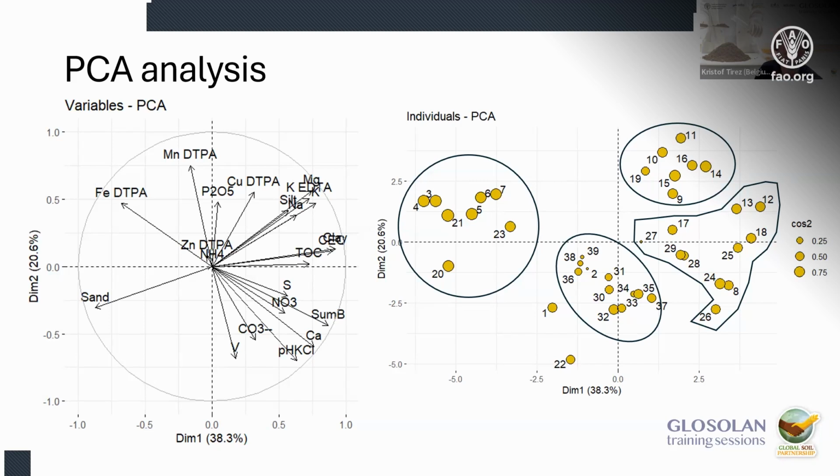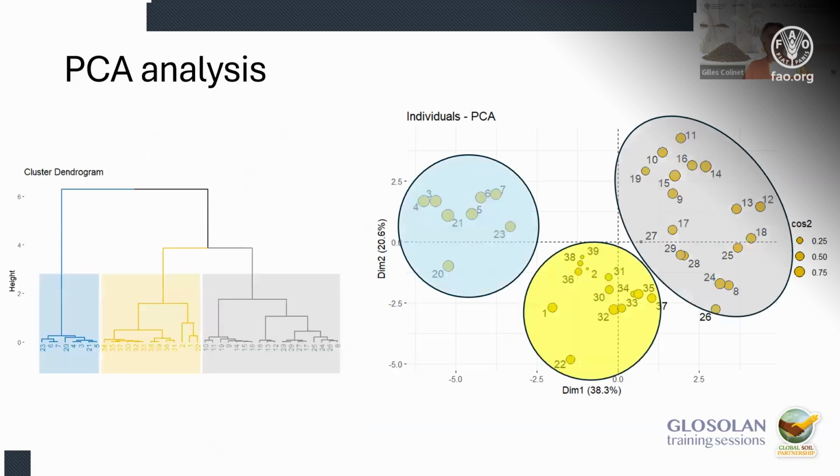That's okay. Thank you, Gilles. Here it's trying to say, okay, what groups can I make, and with these groups, can I have appropriate solutions? If I can say, okay, for these groups, I have this kind of fertility problem, it will be easier to manage. That was basically the idea.